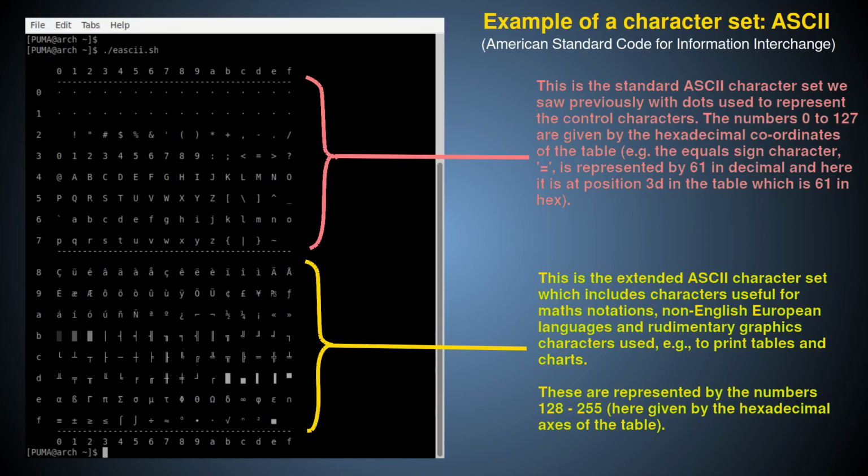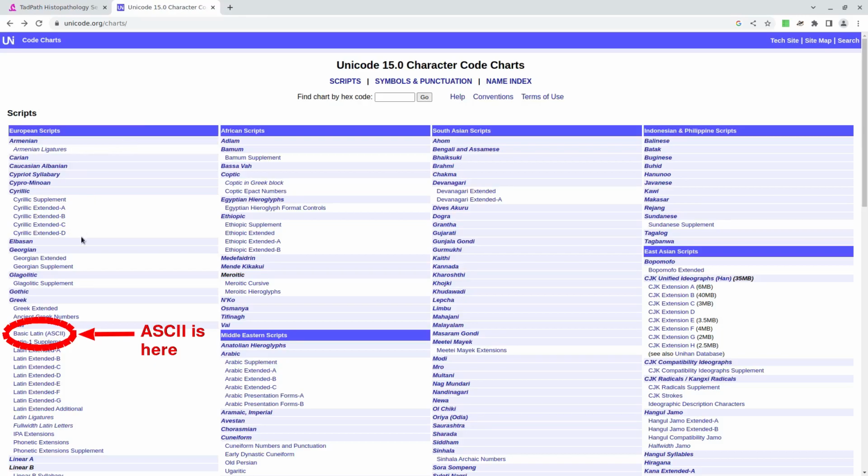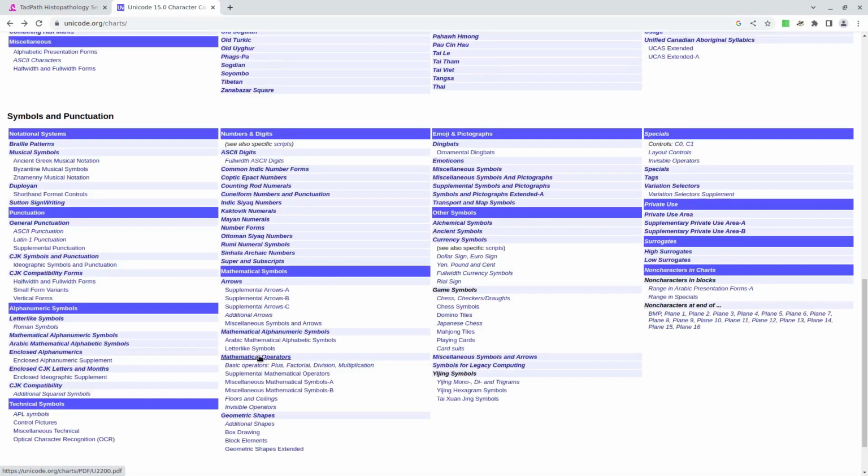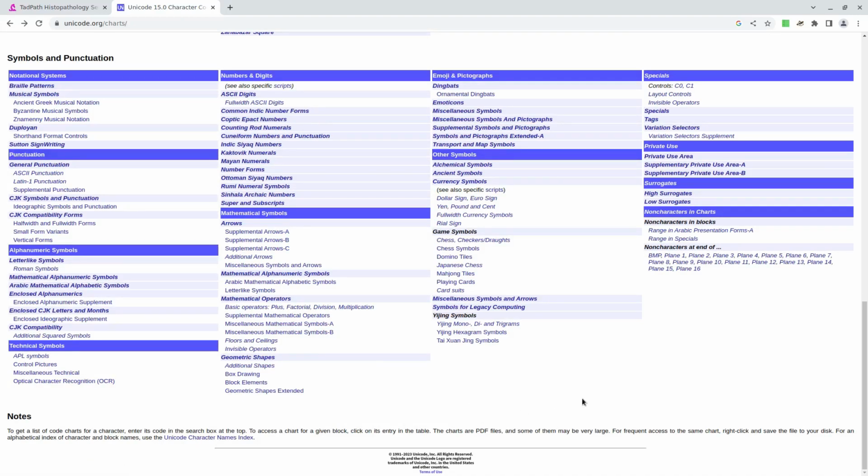A common standard still used today is the American Standard Code for Information Interchange, or ASCII, and the illustration shows the ASCII table of characters and their numerical equivalents. Nowadays, the ASCII code set is subsumed into a more modern system of representing characters called UNICODE, but this is beyond the scope of this tutorial.